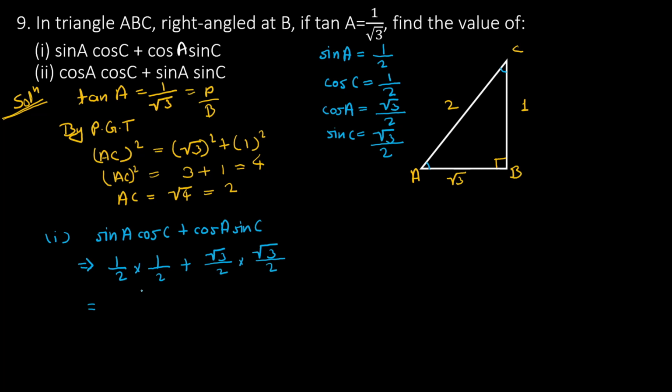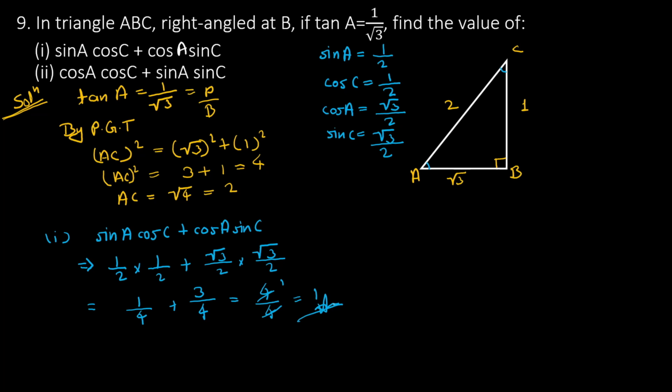Now 1 into 1 equals 1 upon 4, plus root 3 into root 3 equals 3 upon 4. Now after adding, it comes out as 4 upon 4. The 4s cancel out and it comes as 1. So 1 is the answer.